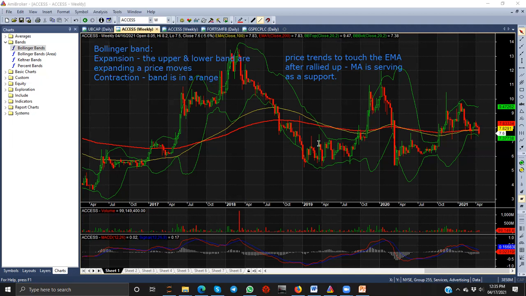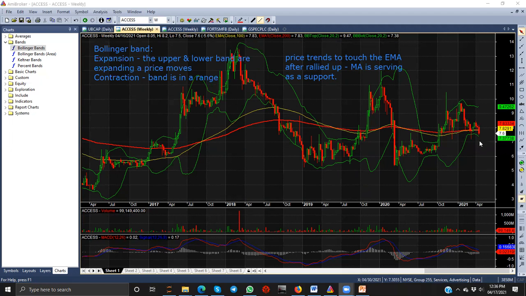The only time you want to make use of this approach is when the market is contracting and when price has touched the lower band. Let me repeat it again.